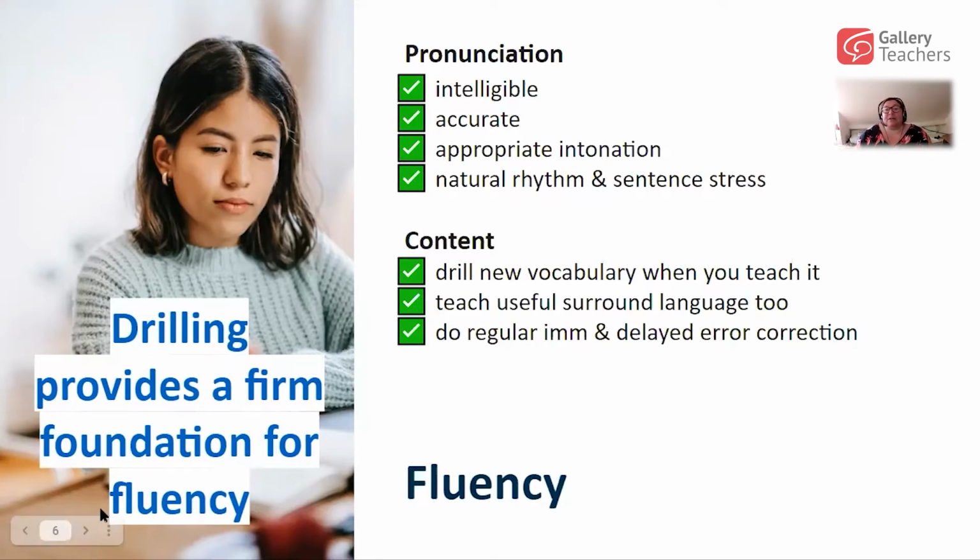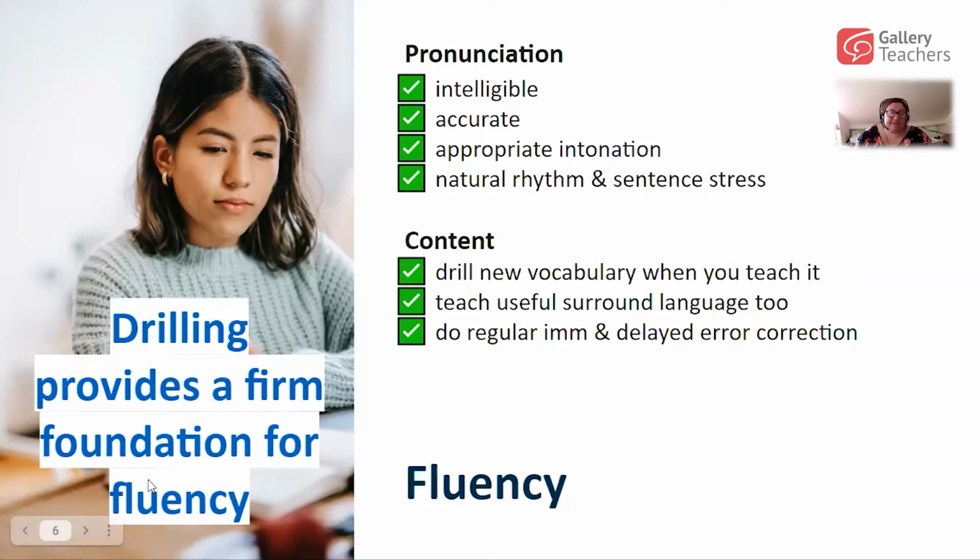So focusing in on those things and making sure the students have got natural rhythm and ordinary stress is part and parcel of building up then their content of speech. So this is where they go from individual words or sounds into phrases like "do you fancy" or "do you want to," and then moving into some surround language as well.